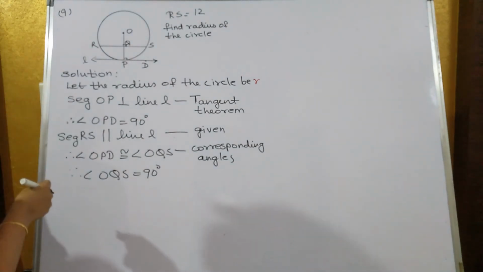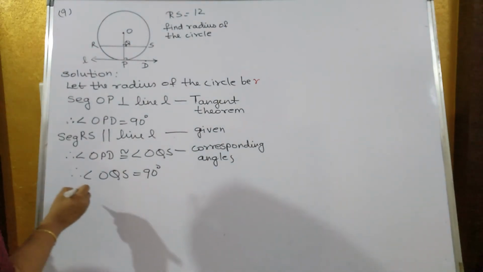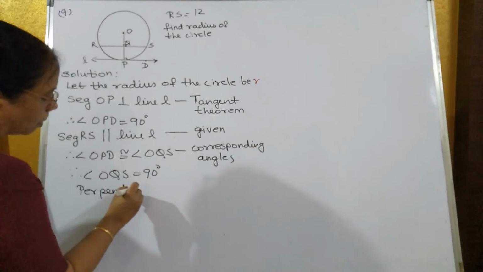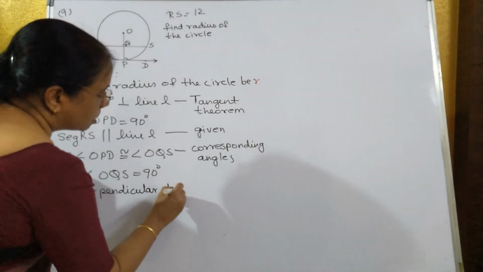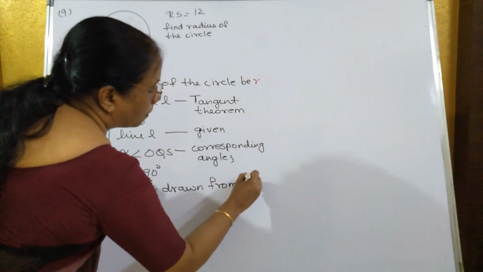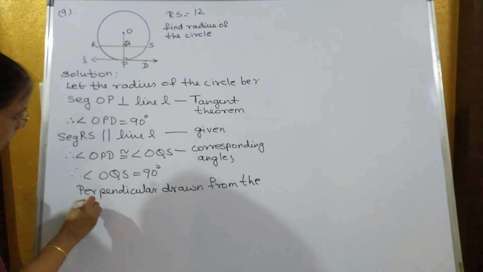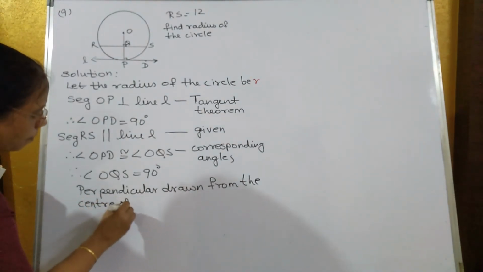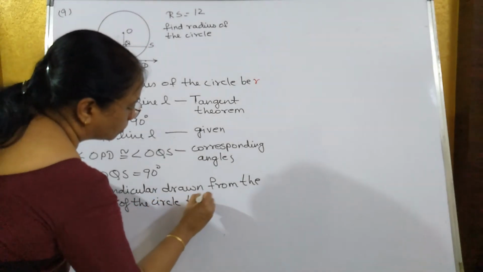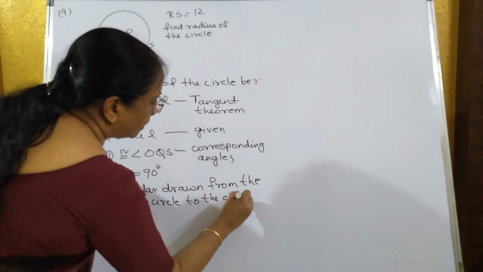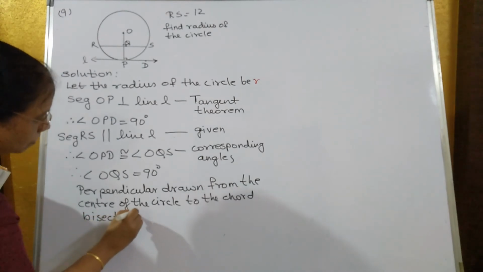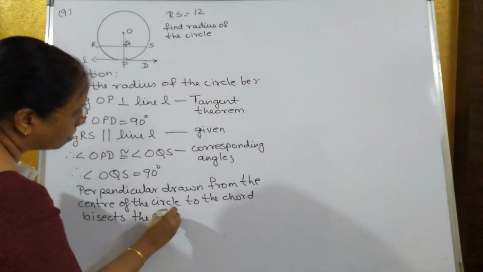Now OQ is perpendicular to RS, drawn from the center of the circle to the chord, so it bisects the chord.